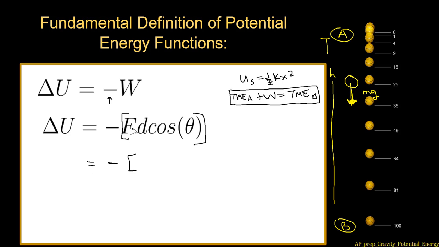Remember, this is the magnitude of force, the magnitude of distance, and the cosine of the angle between the force and the motion. It was going down, so that cosine is 1. They're going in the same direction. So the change in stored energy is negative mgh.